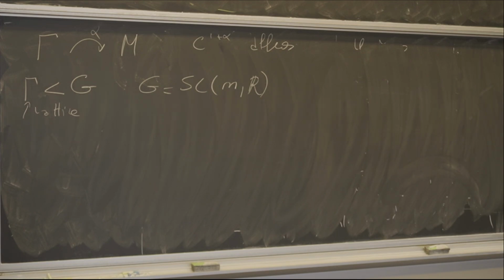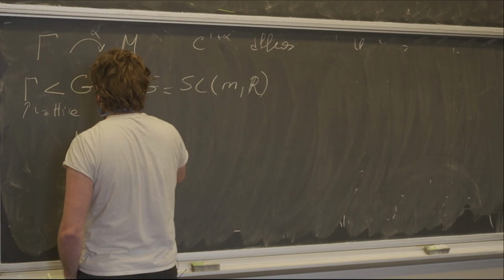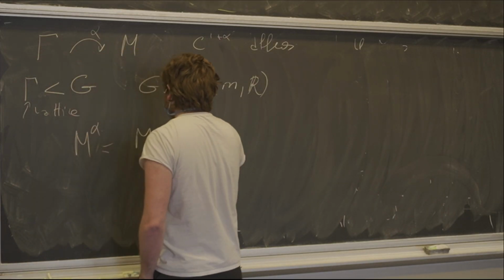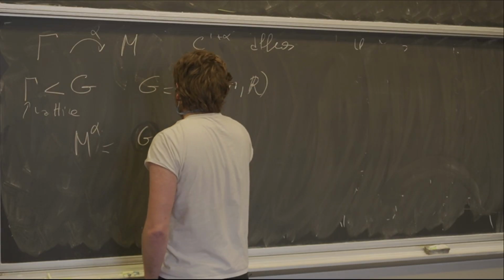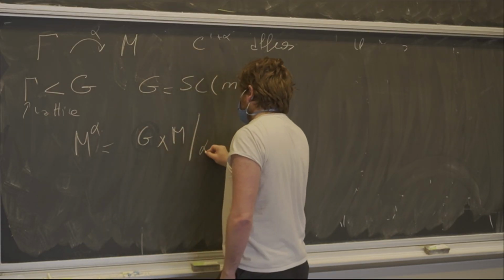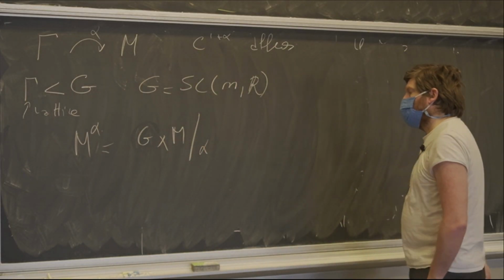So we really want to understand what's stopping us from there. So what do we do? We do the suspension M_alpha, which is as always G times M mod the action.